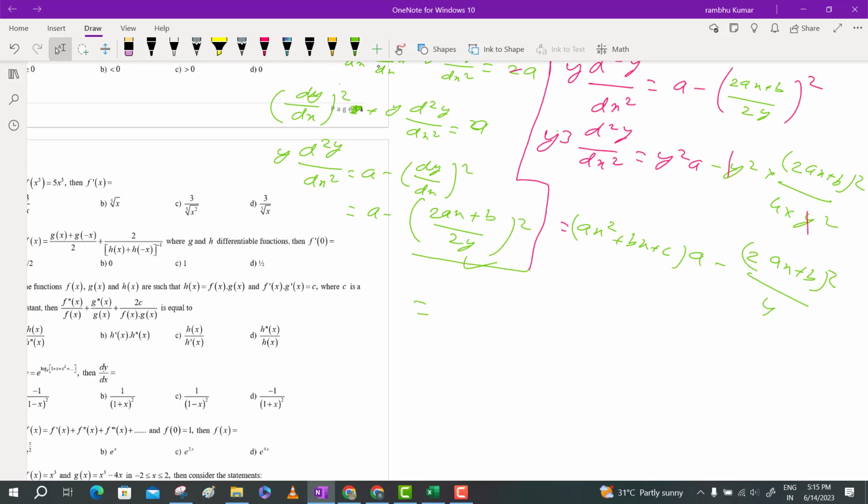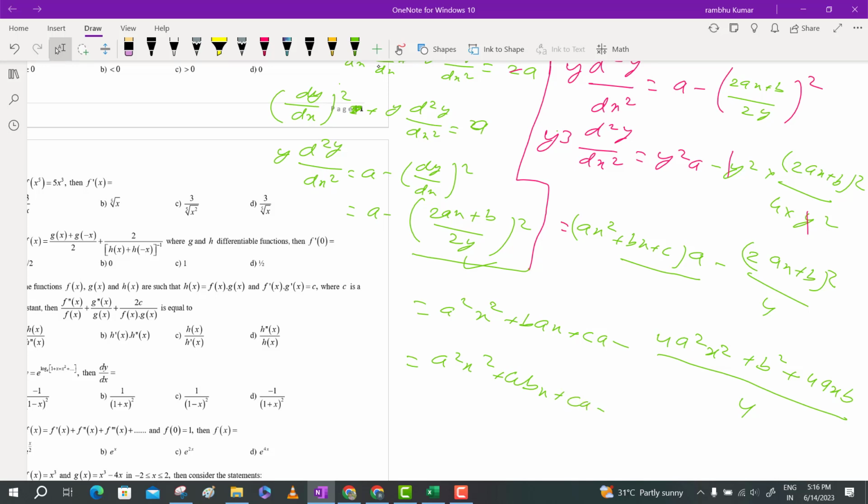So if you expand this, this will be a square x square plus bax plus ca minus, now listen, this will become a square x square plus b square plus 4axb divided by 4.